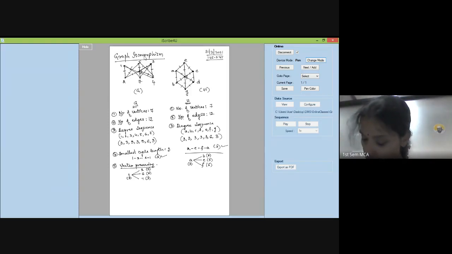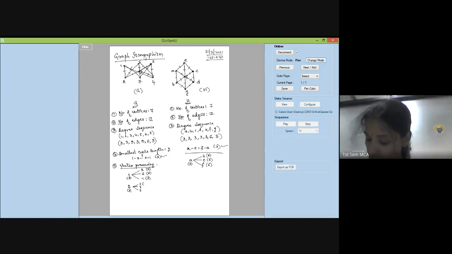Now, let me take up another vertex, 2. 2 is of degree 3. Which are the vertices adjacent to 2? 1, 5 and 6. 1 has degree 3, 5 has degree 3, 6 has degree 6.